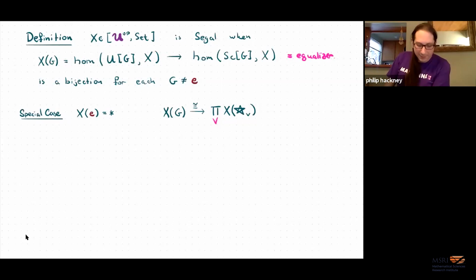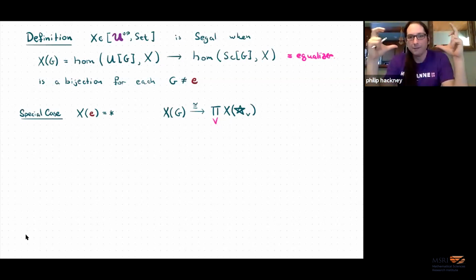For us, the special case is, instead of thinking about a complicated limit, let's think about when the value at the edges is just a point. So this equalizer is going to become just a product. And so we're insisting that if I look at the value of X at some graph G, it's determined by the value of the presheaf at each of the vertices, essentially.